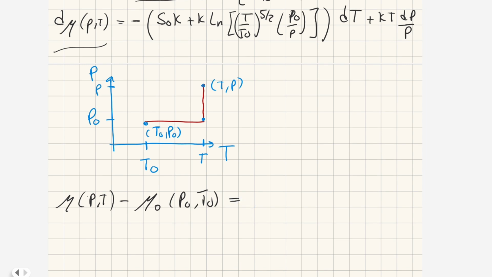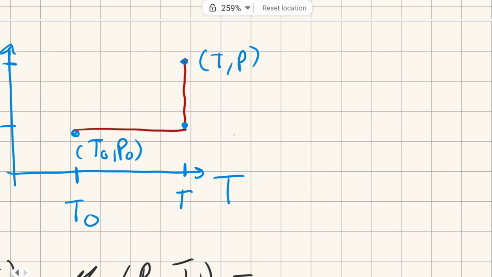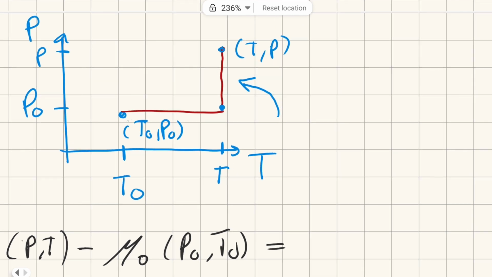Well, we will have that this is equal to, and let's check this first, looking that we are integrating on the variable p, we can say that we are on this side of the path, right? Because on the initial path, p does not change, so dp is going to be equal to 0.